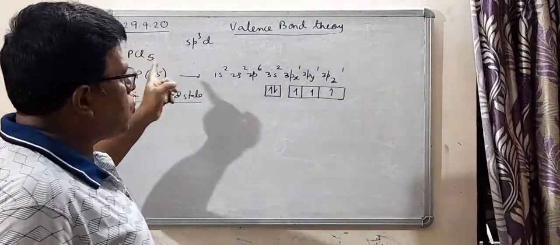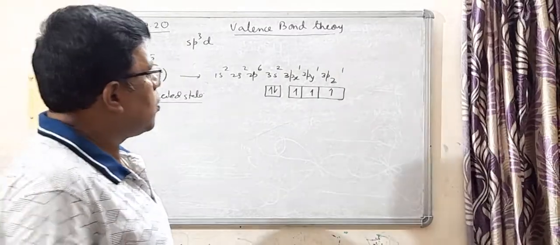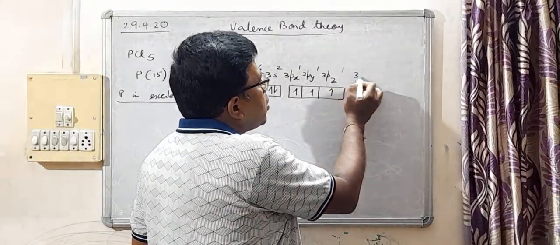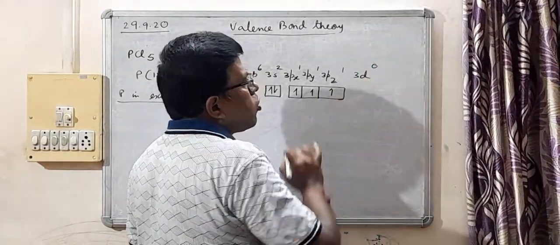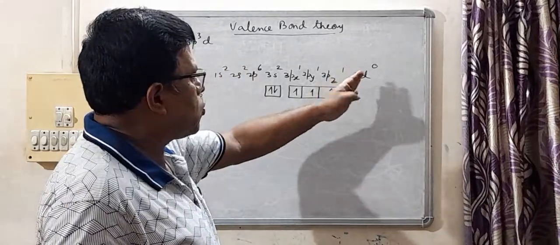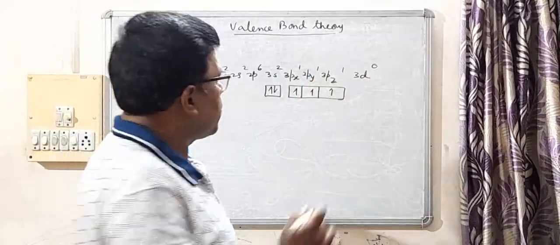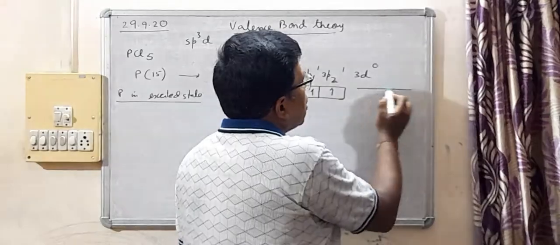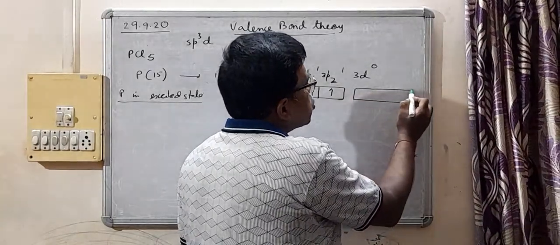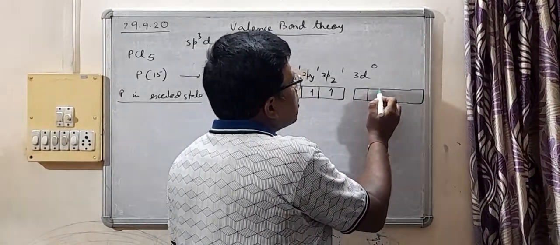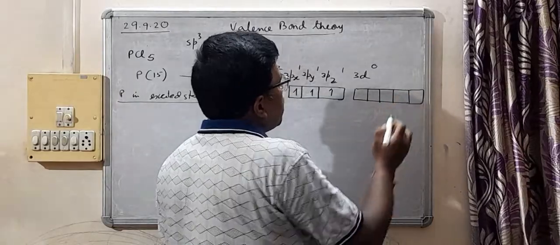Now phosphorus is an element of the third period. Phosphorus has 3d orbitals. No electron is there, but 3d orbitals are there. So we can show the empty 3d: 1, 2, 3, 4, 5.